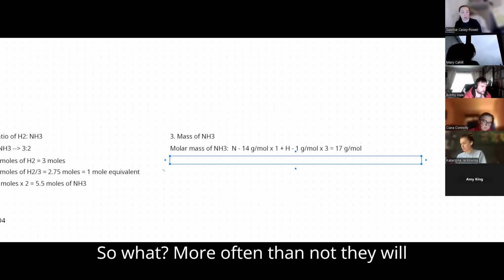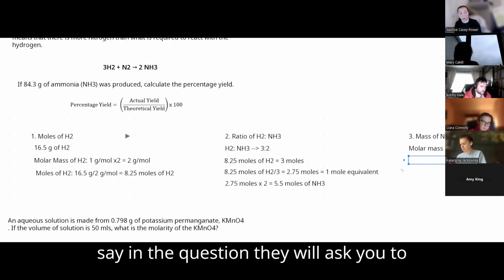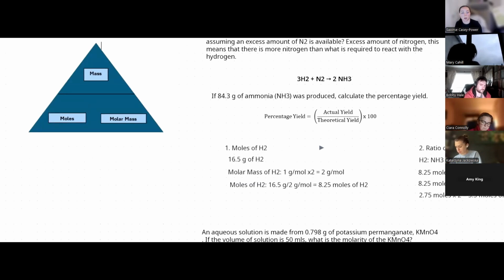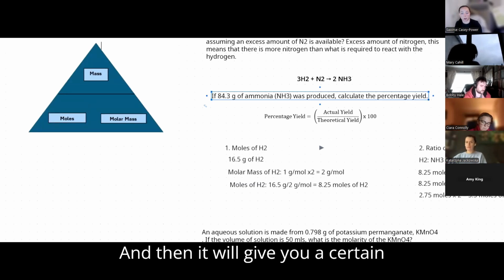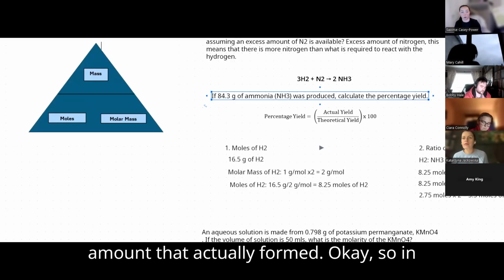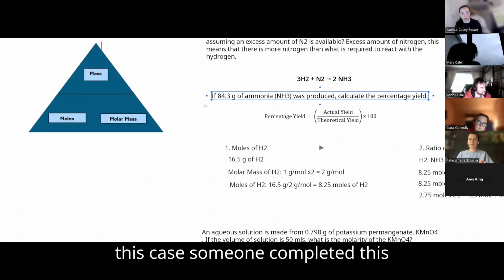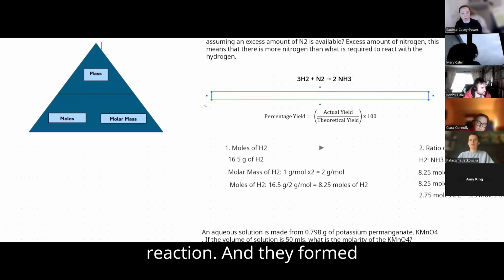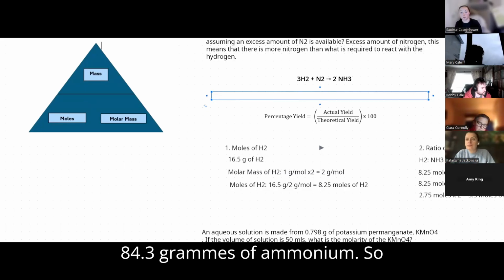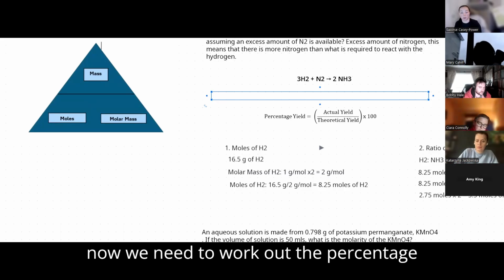More often than not, in the question they'll ask you to work out the theoretical yield, and then it will give you a certain amount that actually formed. In this case, someone completed this reaction and they formed 84.3 grams of ammonia. So now we need to work out the percentage yield.